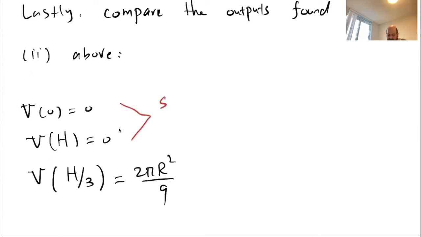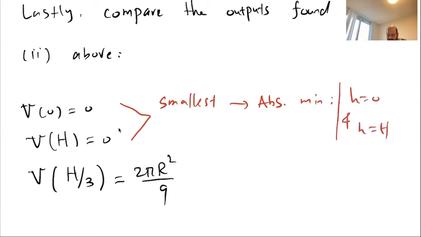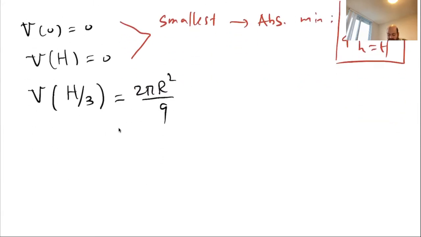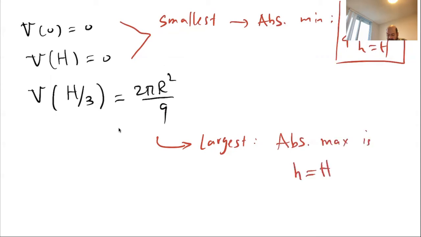These two, of course, are the smallest, which means the absolute minimum is at h equals 0 and h equals capital H. We have two absolute minima, that's okay. We can have more than one absolute min or max. And this one obviously is the largest one. And this means that the absolute max is at h equals capital H over 3.